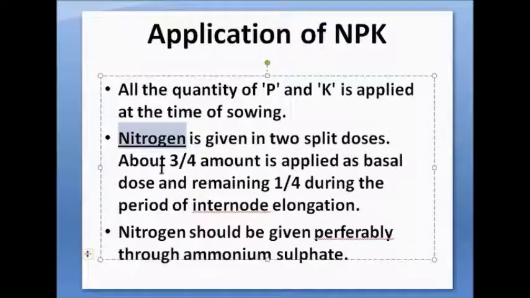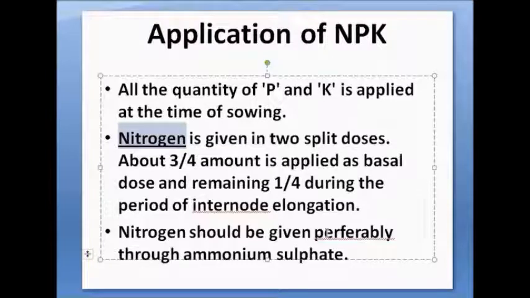Three-fourths of the nitrogen is applied at the time of sowing, and the remaining one-fourth is applied one month after sowing, or at the time of internode elongation. When internodes are growing, at that time the one-fourth nitrogen is applied. It means one month after sowing, a one-fourth dose of nitrogen is to be applied.